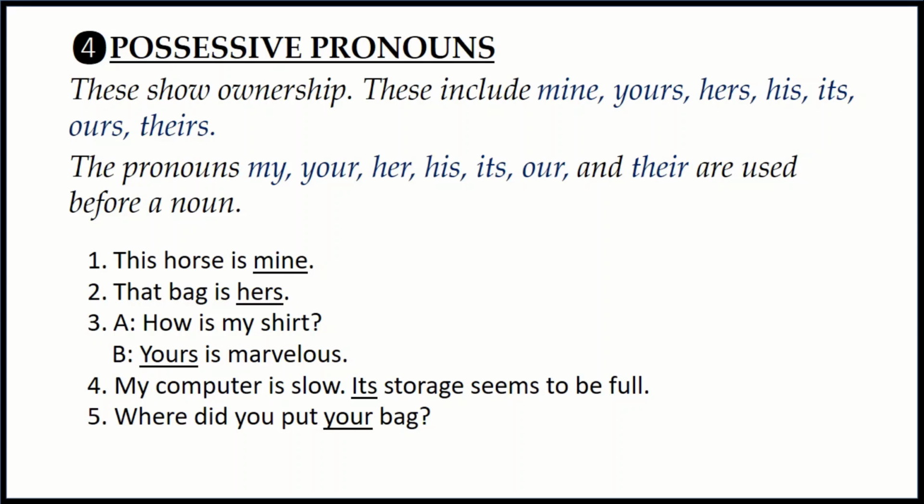So yours shows possession. Similarly, my computer is slow. Its storage seems to be full. So this word, it's a possessive pronoun, and it actually is a reference to my computer.